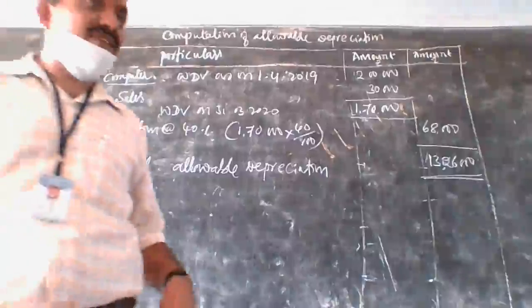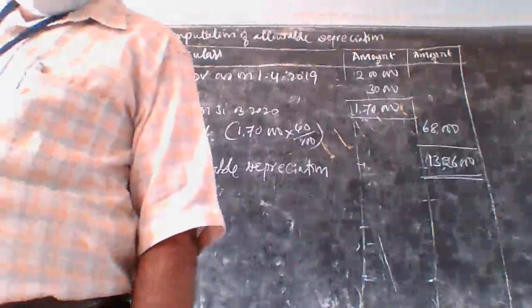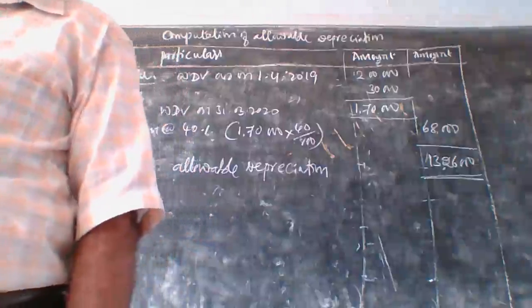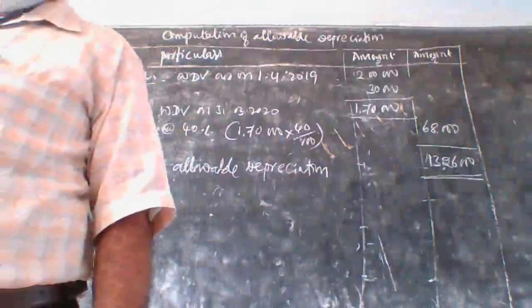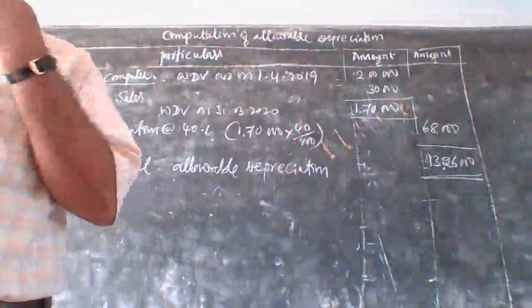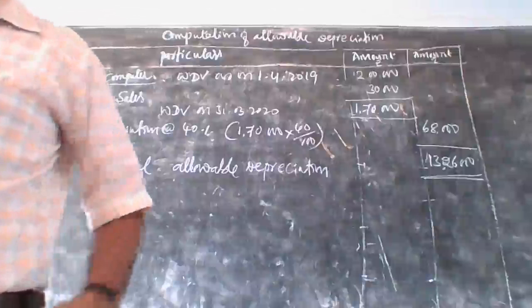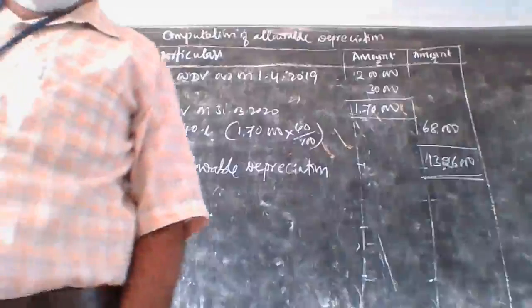So note, it is assumed that plant and machinery with 15% depreciation is used in the factory. Hence it is eligible for additional depreciation.